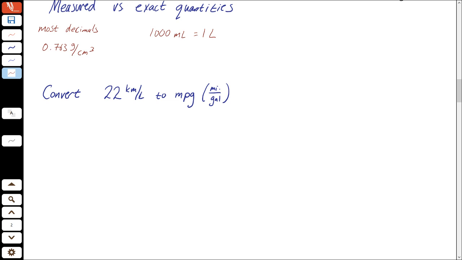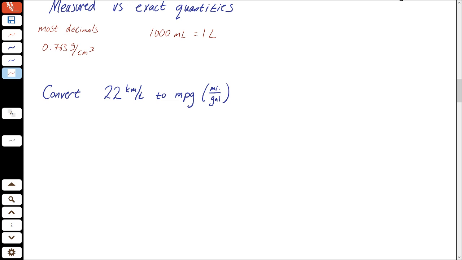I misspoke before. I'm sorry. There are 2.54 centimeters in an inch. Actually, wait, that's going to be really hard. Let's try a different one. I'll give you a little bit easier time with this.